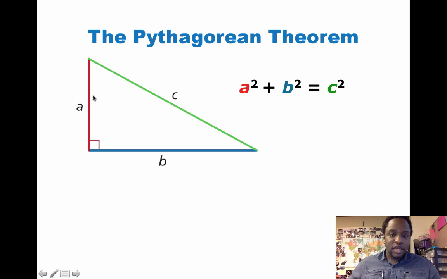The two legs of a right triangle make the right angle. Because c, the hypotenuse, now c is always the hypotenuse. And you can tell which side is the hypotenuse. One, because it's always the longest side, and two, because it's always across from the right angle. So it's going to be a squared plus b squared equals c squared. The length of one leg squared plus the length of another leg squared equals the length of the hypotenuse squared.